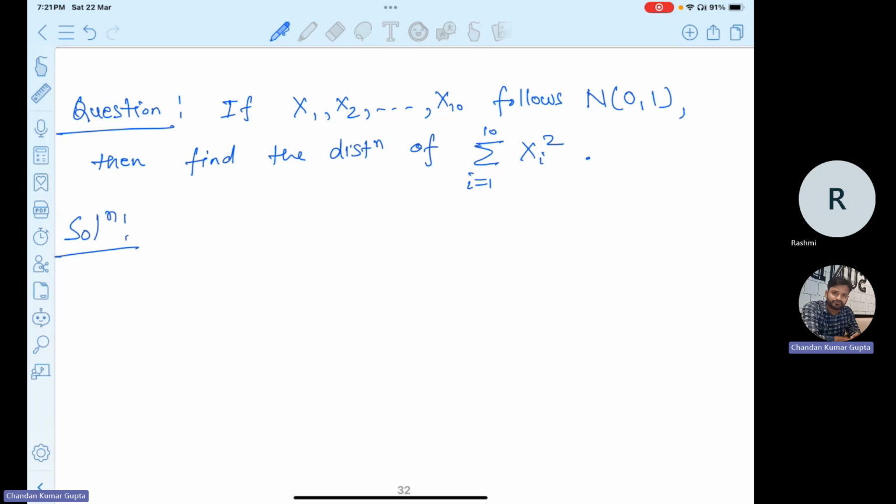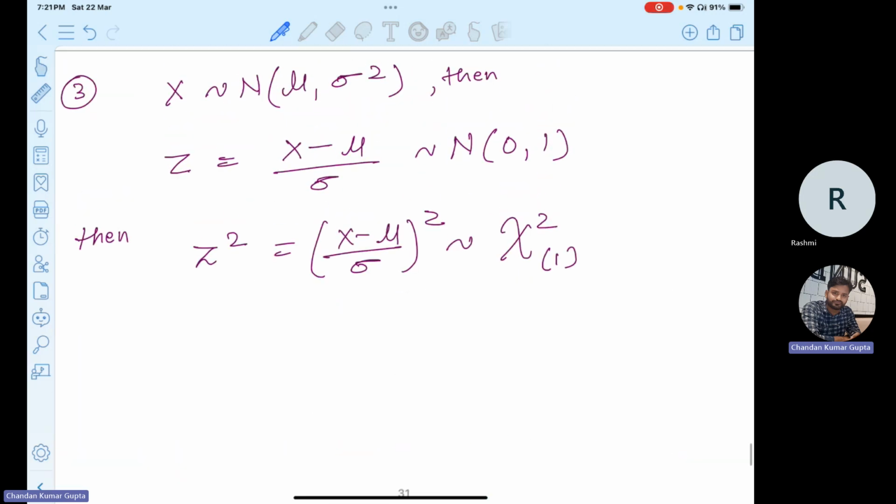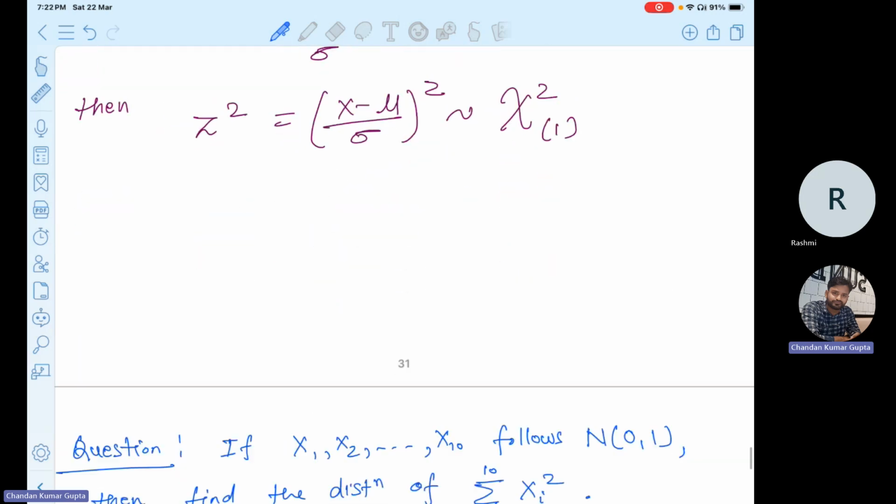So just using the property, I'm discussing the third remark actually. Since xi follows normal with mean 0 and variance 1, this implies xi square follows chi square. If xi is a standard normal variate, xi square is chi square 1.